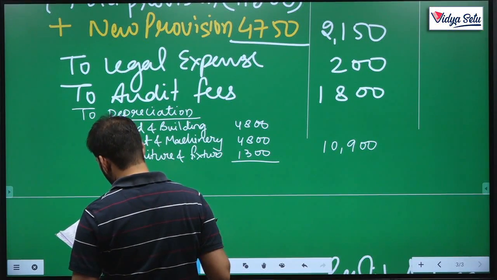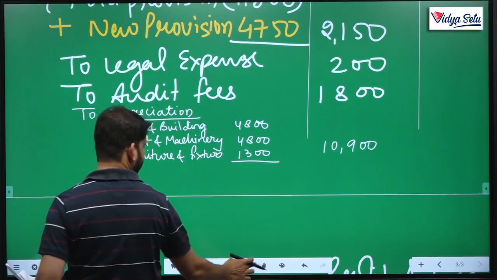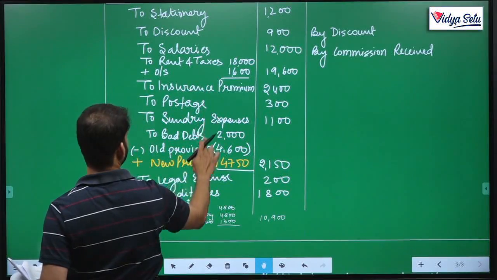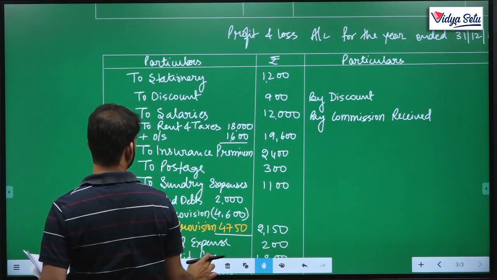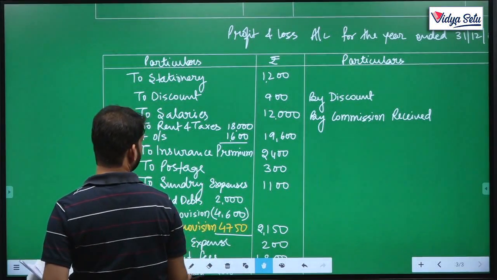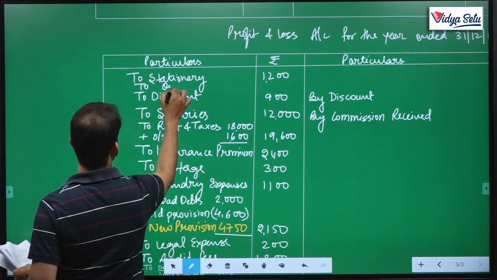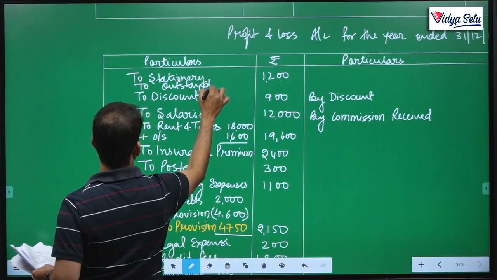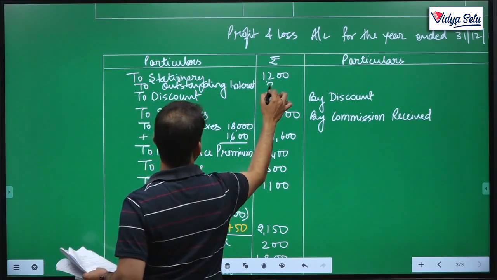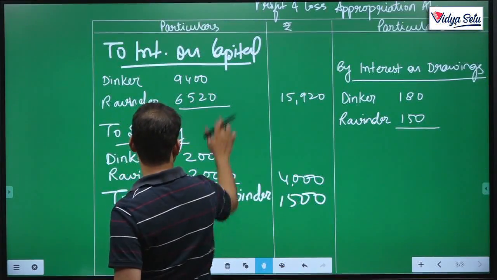Okay. And the last one is outstanding interest on loan amounted to 350. So, this is interest outstanding. Okay, there is no mention of this, so we will write it down. And we will add it to our loan account.